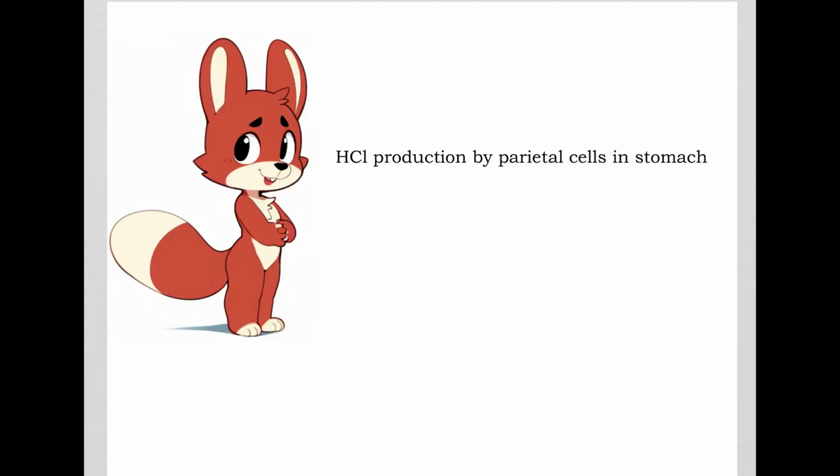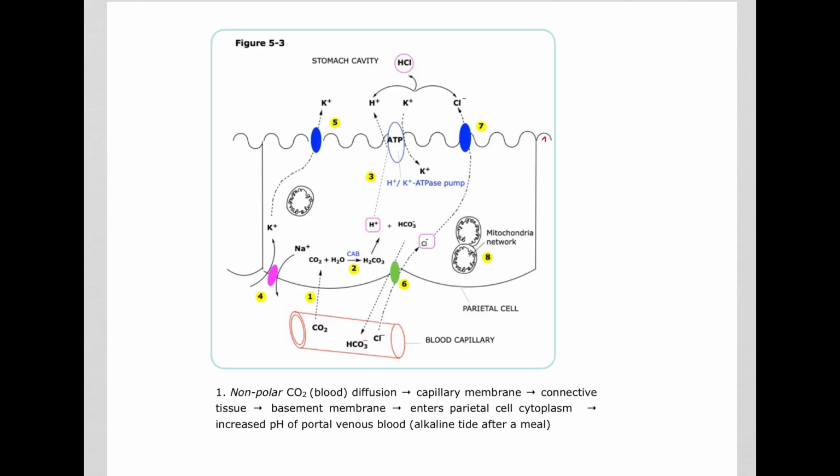So let's first look at hydrochloric acid production by parietal cells. What is the biochemistry of this process? Here is a parietal cell. This is the stomach cavity, and this is the bloodstream, a blood vessel, a capillary.